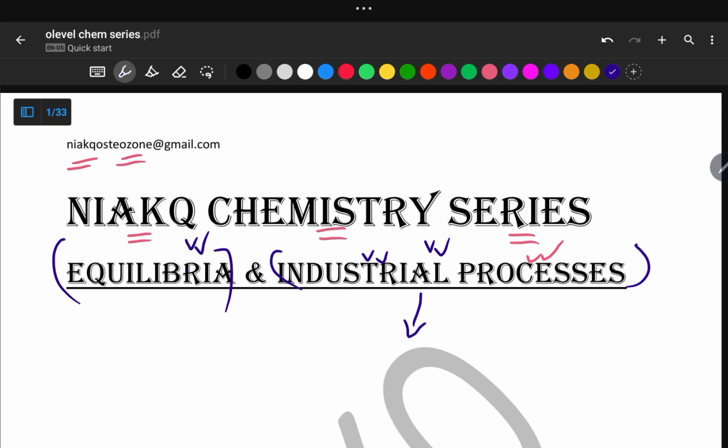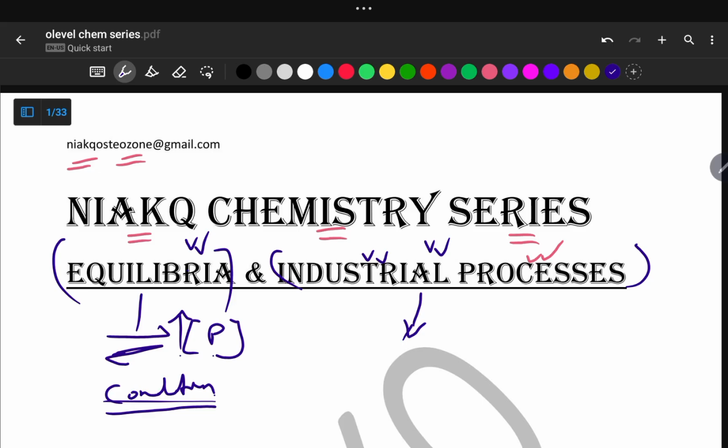So for industrial processes, we explained in the last session that with equilibria, we are dealing with reversible reactions, and we want to maximize the production of the products, the concentration of the products, right? So we want to increase yield. We have the conditions which affect the position of the equilibria.